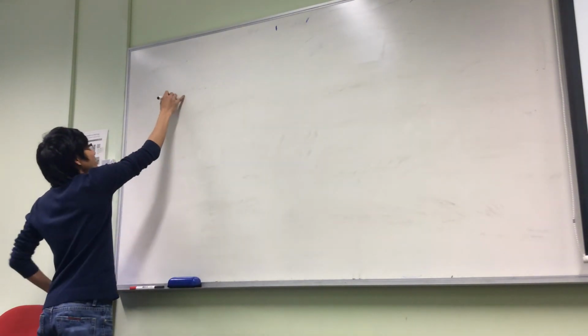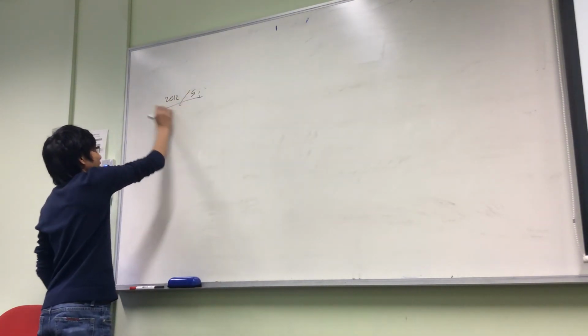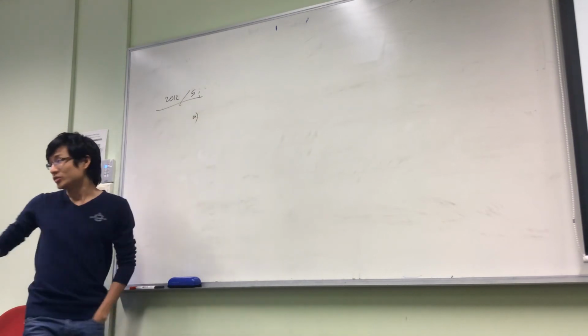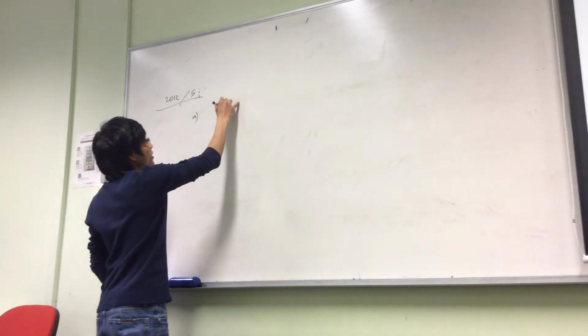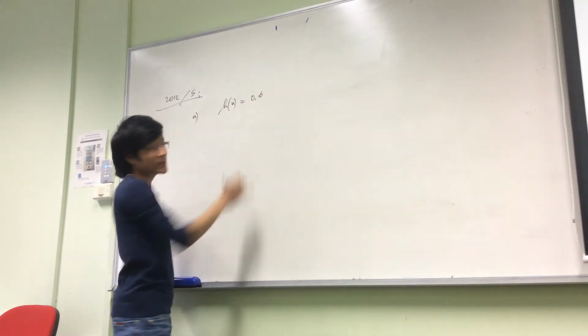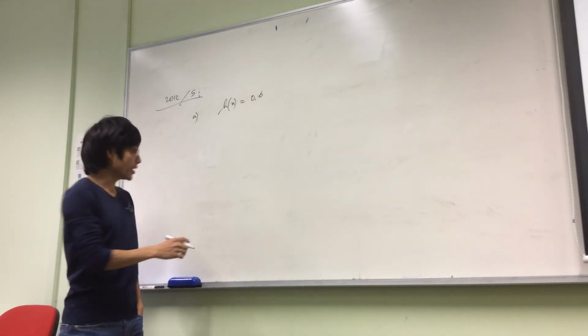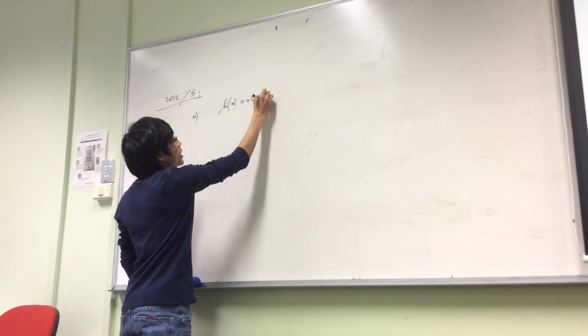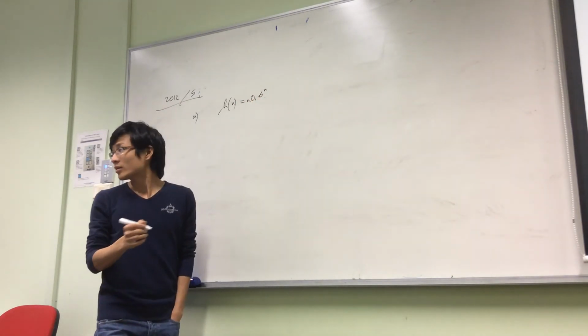All right, 2012, question 5. First of all, you will be given h[n] equal to 0.6 to the power n, u[n].